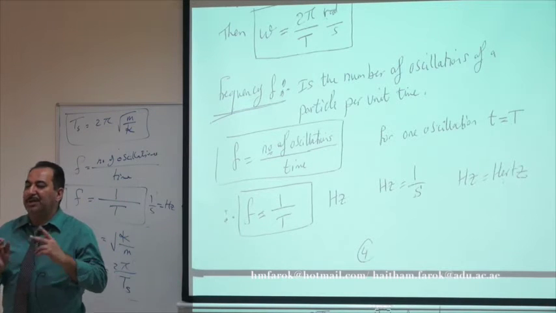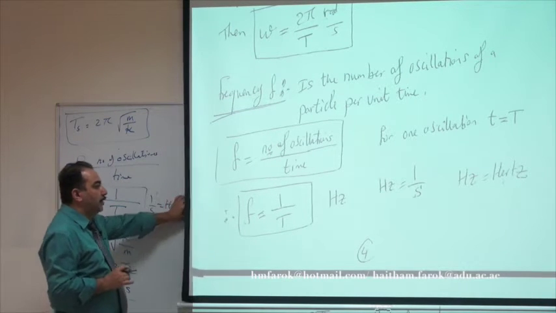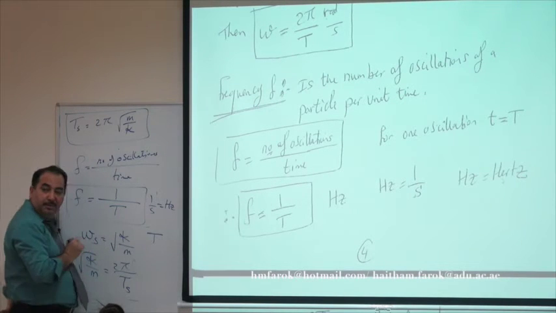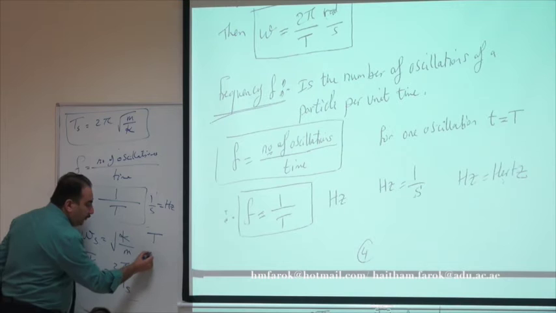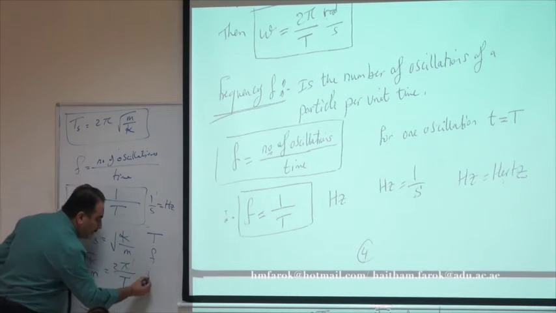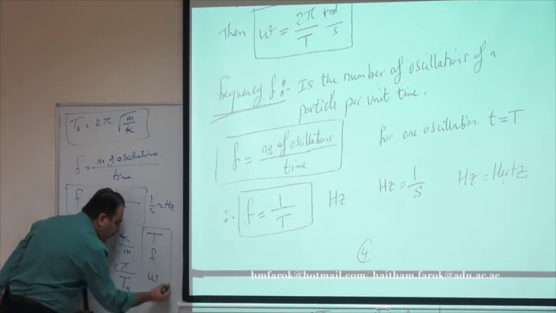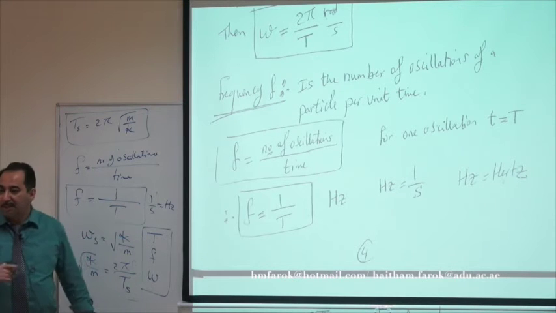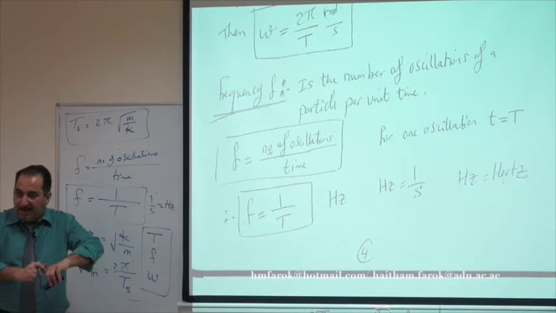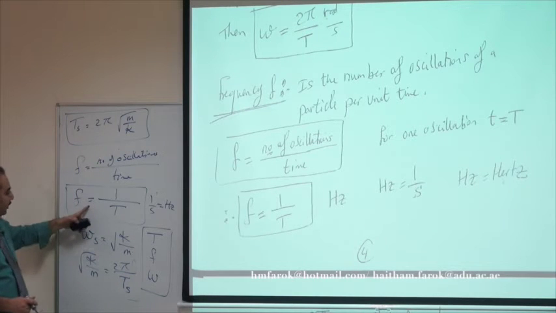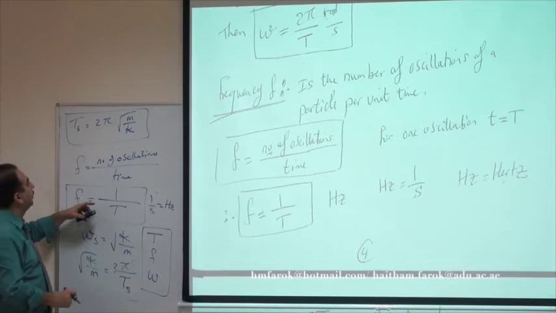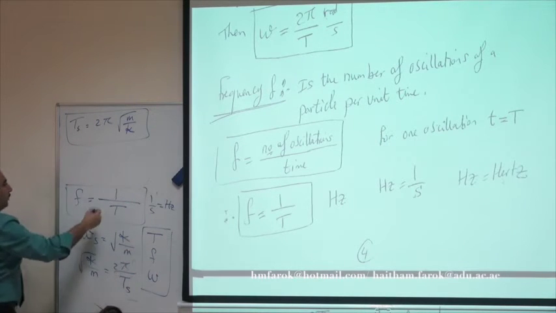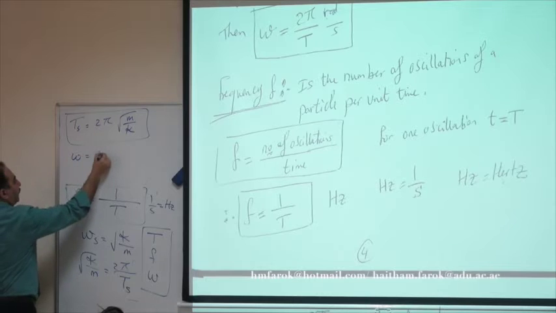So now we've finished those 3. Now, remember these 3: period, frequency, angular frequency. Whenever you know one of them, you know the other 2. They are linked. How are they linked? By this function. Didn't we say omega is 2 pi over period?